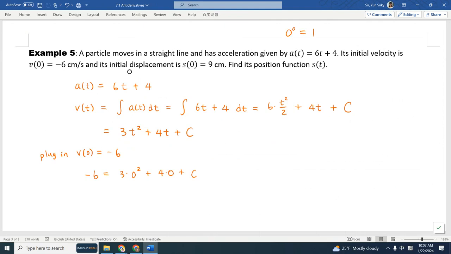But 0 to any other power is 0. So what is your right-hand side? Just the c. So c is negative 6.